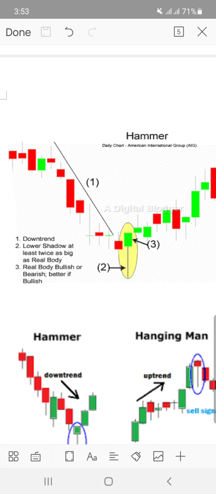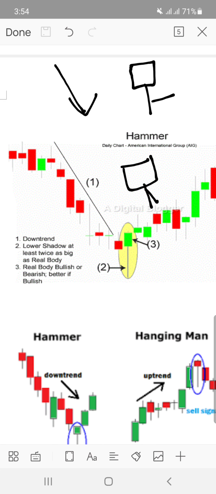So see this as an example. What do we classify as a hammer? These are some things to know. First of all, the market must be in a downtrend. That is one. Then two, the lower shadow must be at least as big as the real body. If the lower shadow and the body are the same size, it is not a hanging man or a hammer.